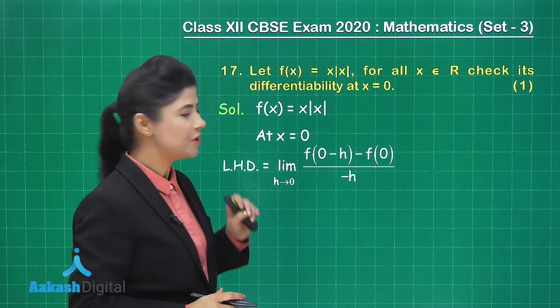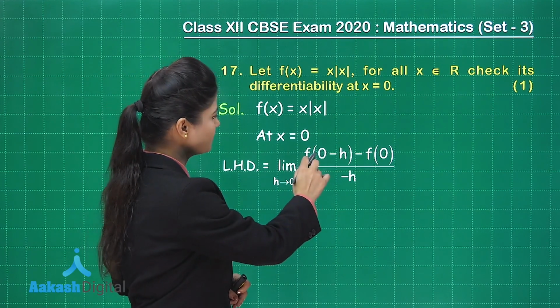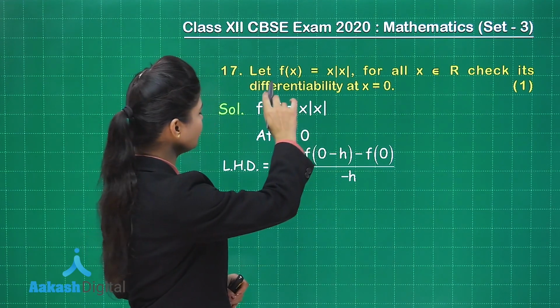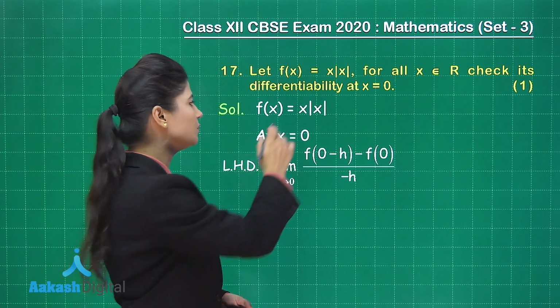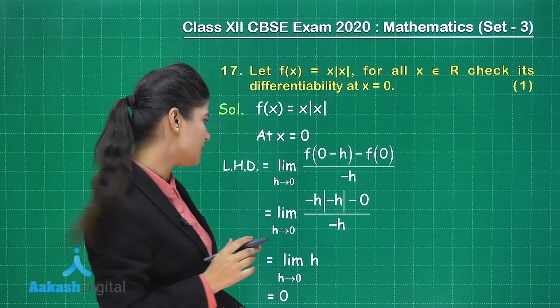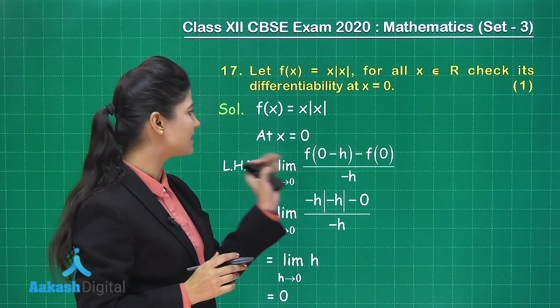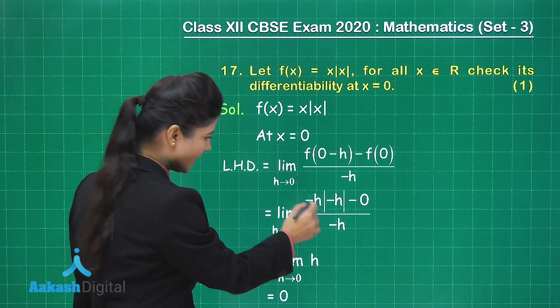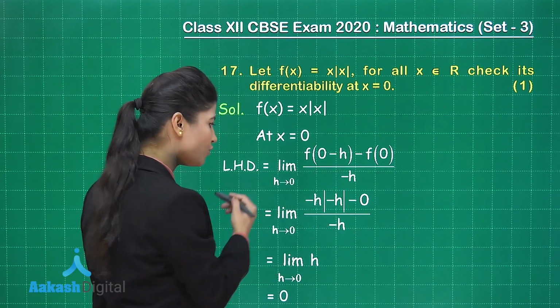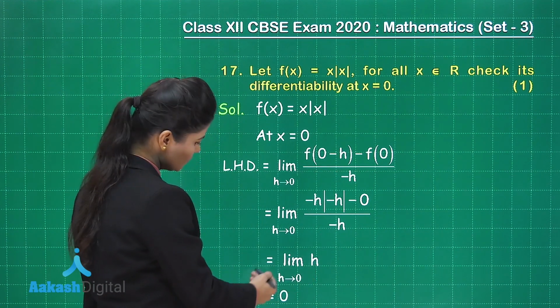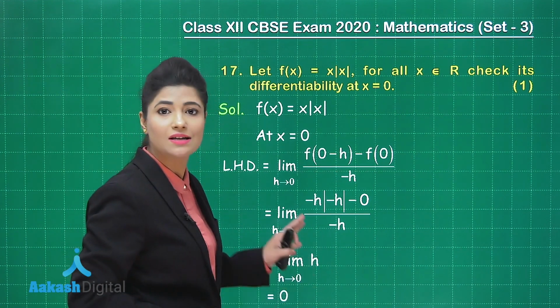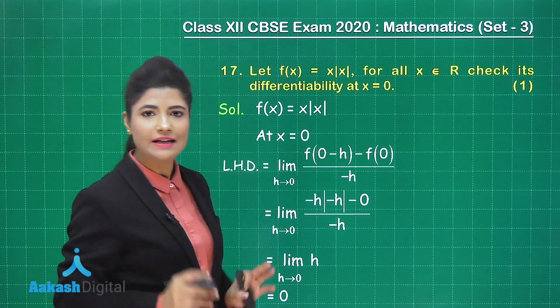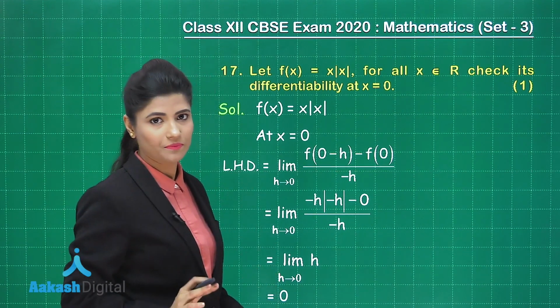That is required. So in this case, when we substitute f of 0 minus h in this given function, you are going to get minus h into mod of minus h. Minus f of 0, as I stated, 0 into mod of 0 is 0 itself. So here minus h will get cancelled and mod of minus h is h itself. So limit of h tending to 0 for h is equal to 0. So left hand derivative is equal to 0.